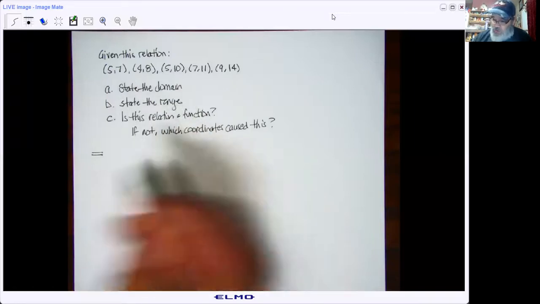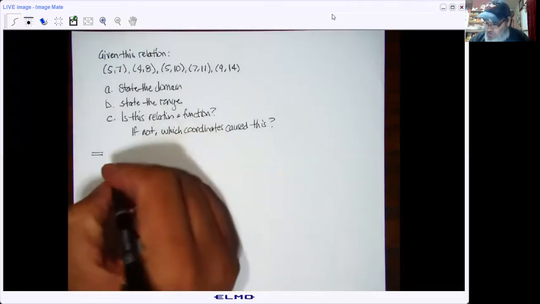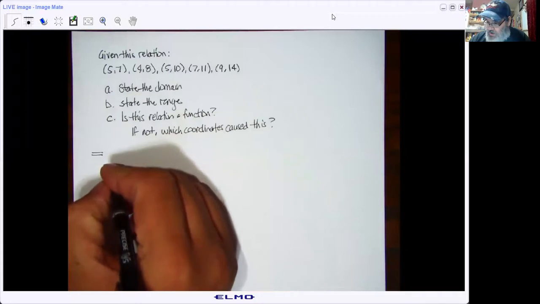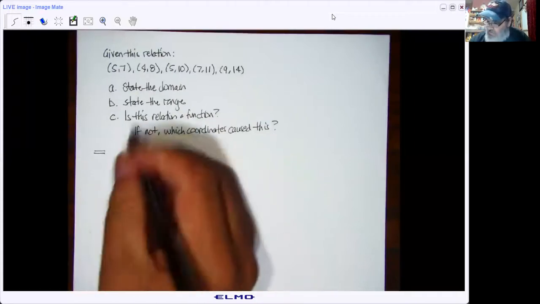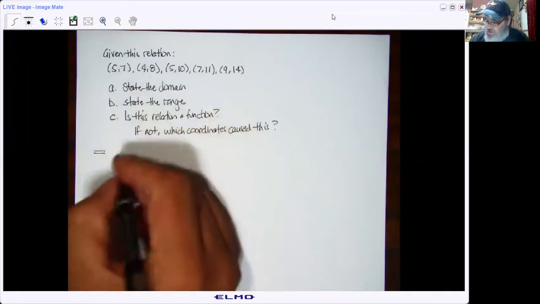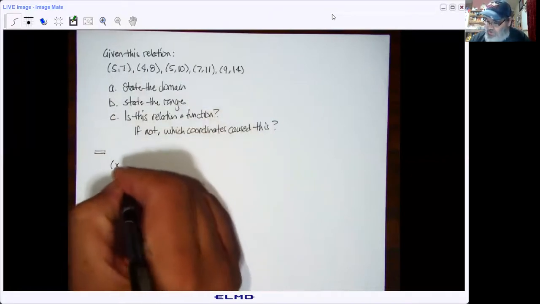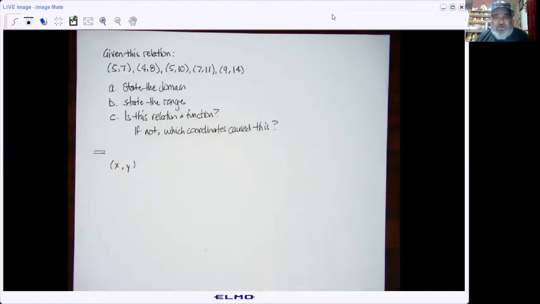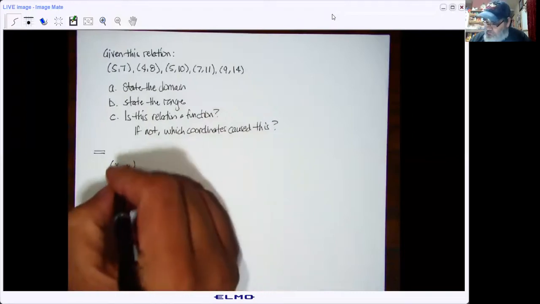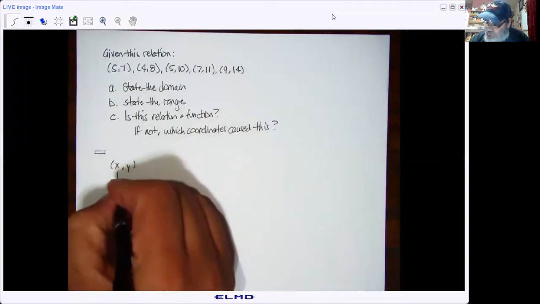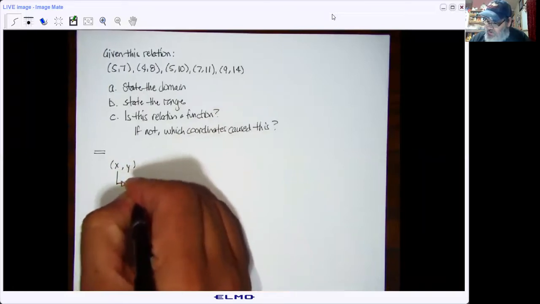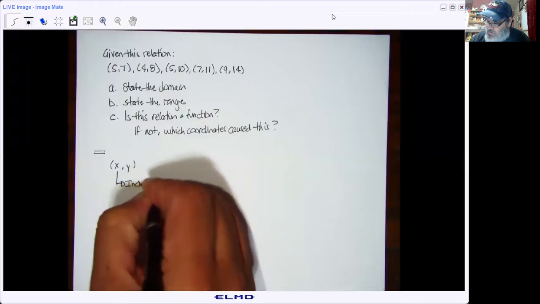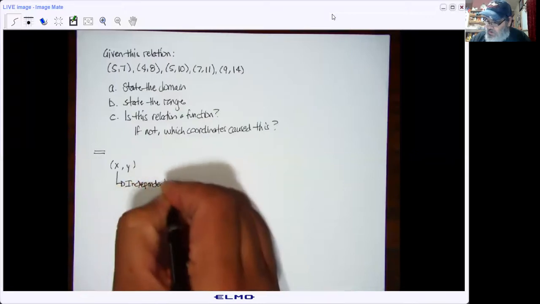Now, at this point, you're probably familiar with the rectangular coordinate system with X and Y coordinates. So remember that these ordered pairs, we call them, your X is always first, your Y is always second. This X, we call this the independent variable.